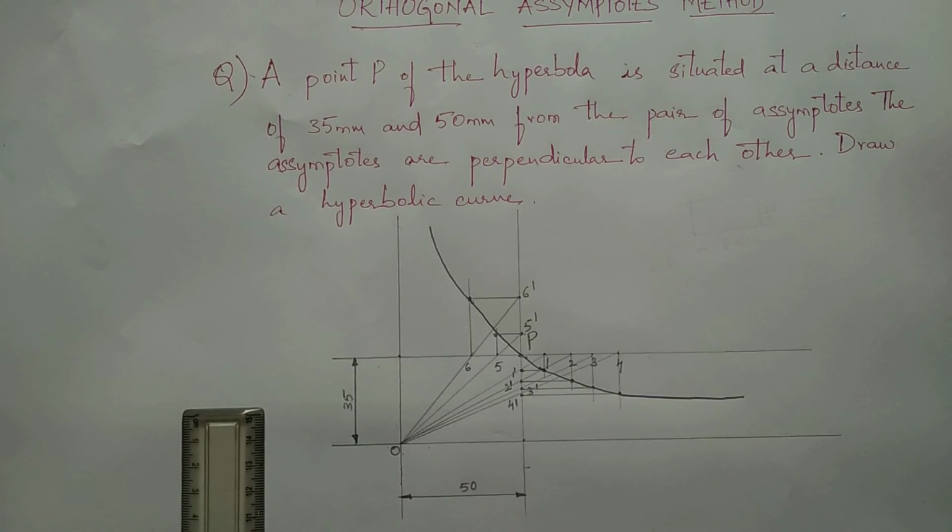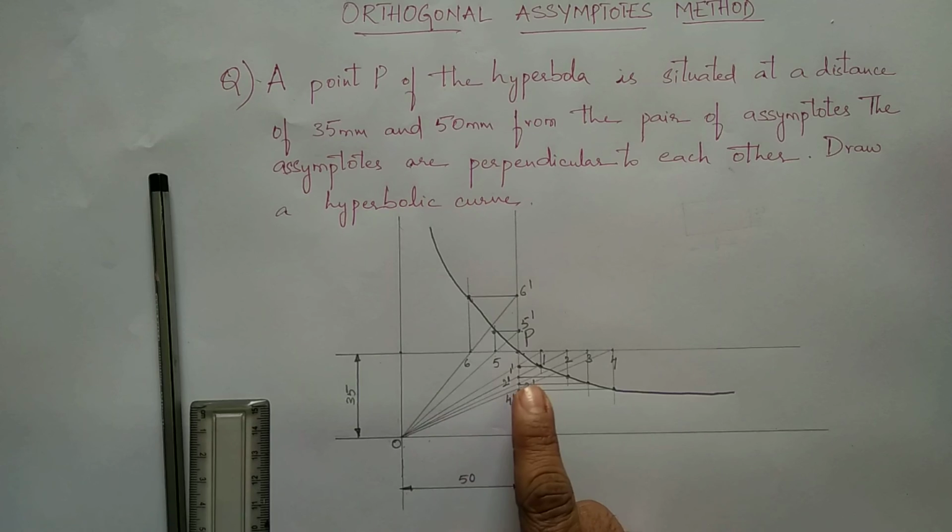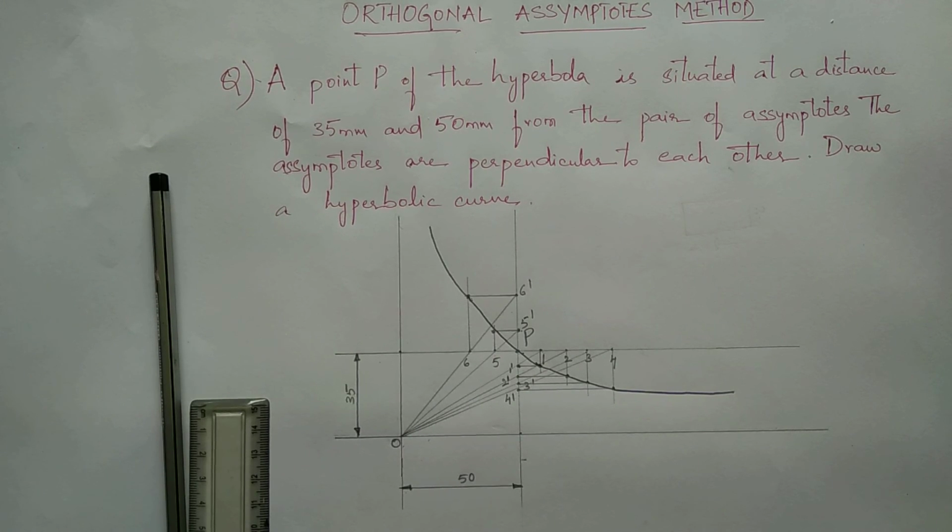This is the method of drawing the hyperbolic curve using the orthogonal asymptotes method. If required, you can take some extra points and construct the hyperbolic curve. Thank you.